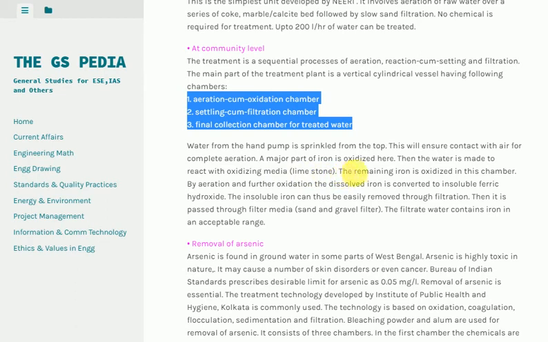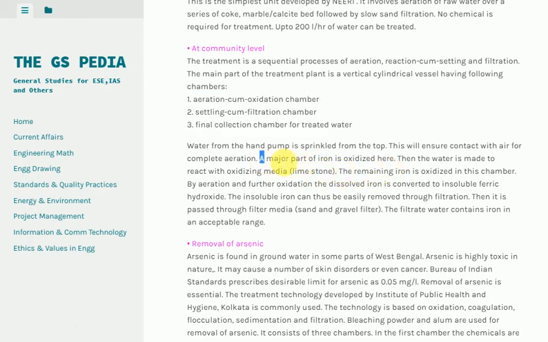Then the water is made to react with oxidizing media, limestone. The remaining iron is oxidized in this chamber. By aeration and further oxidation, the dissolved iron is converted to insoluble ferric hydroxide.